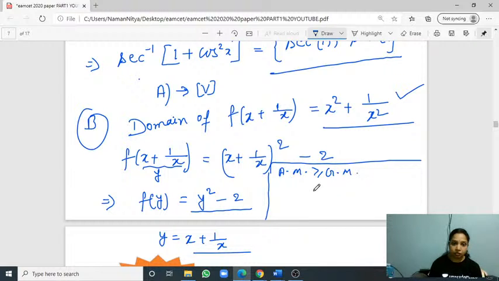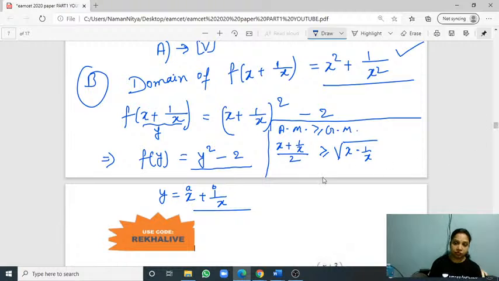So how will I do it? Here, your first number a is x and b is 1 by x. If I calculate the arithmetic mean of x and 1 by x, the arithmetic mean will be x plus 1 by x divided by 2. This is greater than or equal to the geometric mean, which is the square root of x into 1 by x.